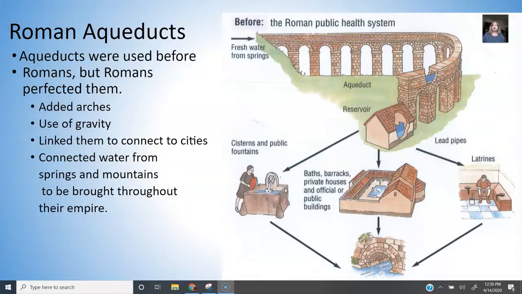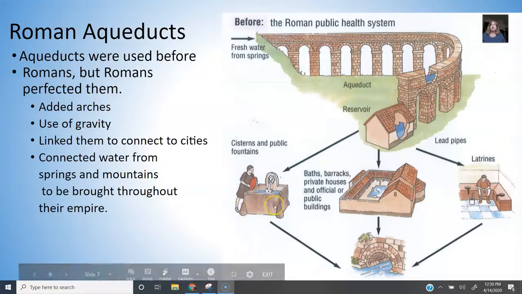So if it was a teeny tiny pipe, you paid less than one that's larger, because as we're going to learn when we talk about social structure, the rich had pools, not to swim in, not to bathe in, but just a little visually appealing pool, and they did have running water coming into their house. Also, the public baths, which we're going to talk about later this week in these videos, had water coming to them.